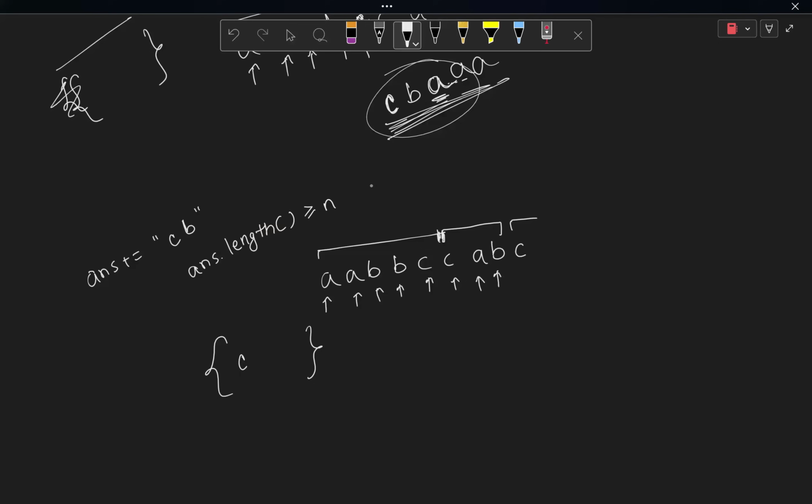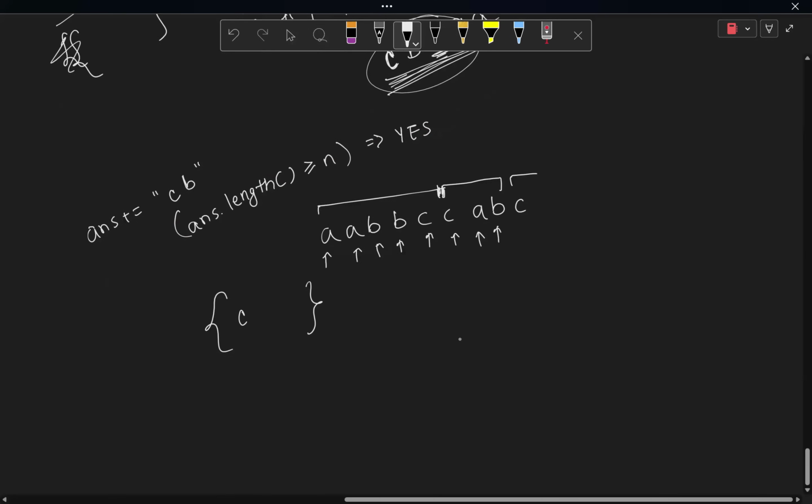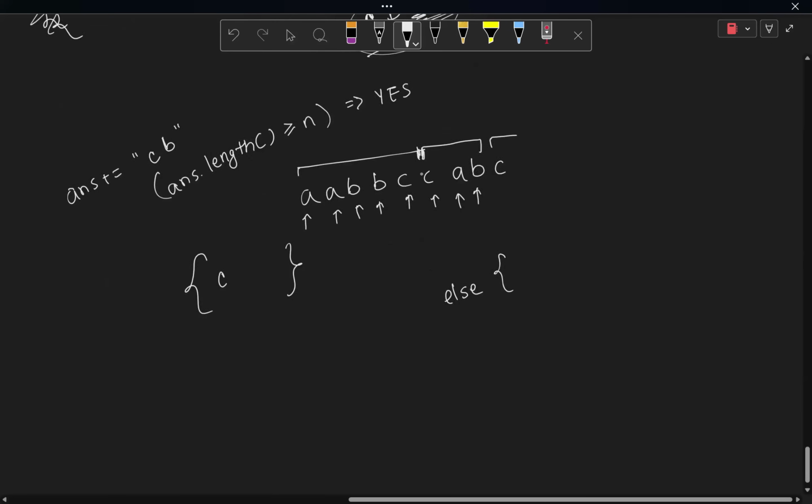If this is greater than or equal to n, it means that you got at least n blocks, so the answer would be yes. In the else case, if the length was less than n, it means that you have got only n minus 1 or fewer blocks.